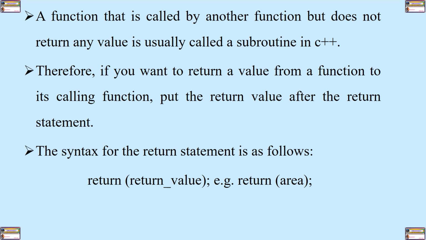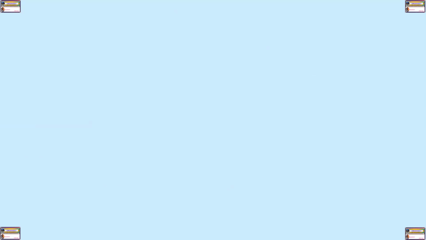For example, if a function is done computing the area of a circle and you want to pass that area back to the calling function, then you enclose the value in a pair of parentheses after the reserved word return. So you have it as return area. You enclose area in parentheses and terminate it with a semicolon, because area will be the return value.